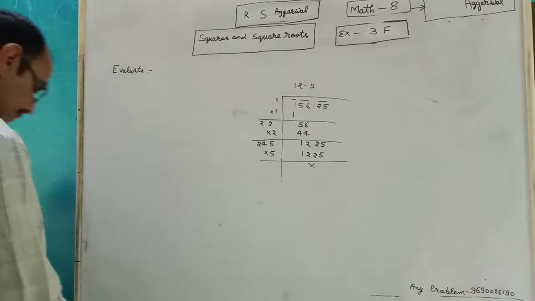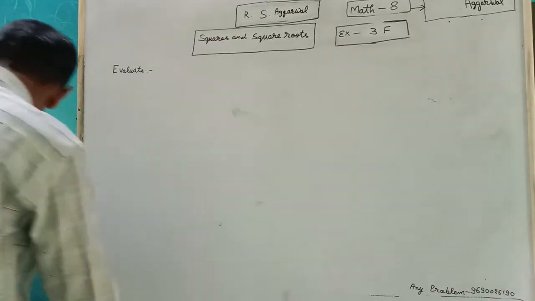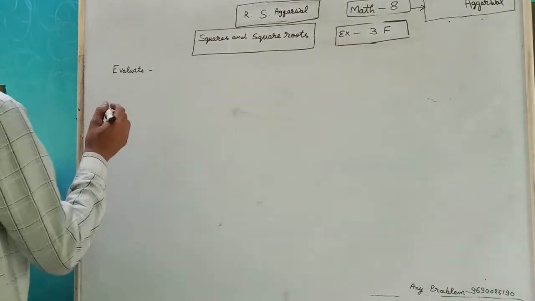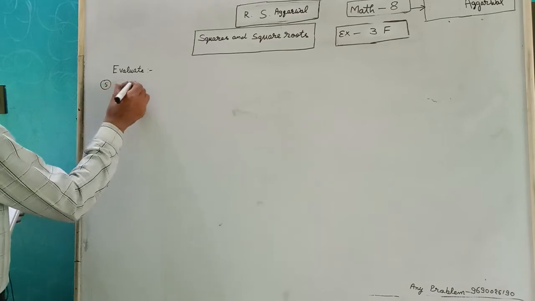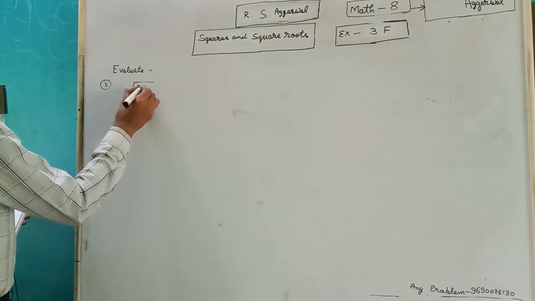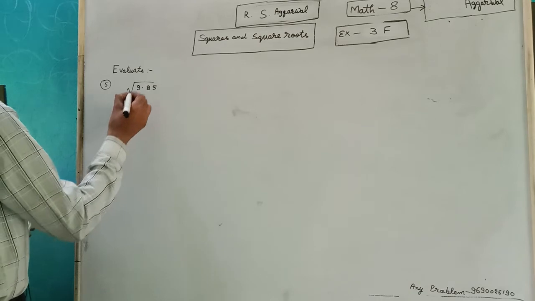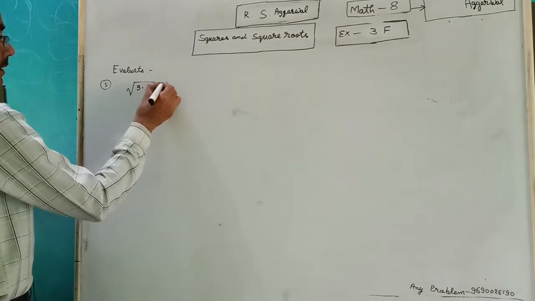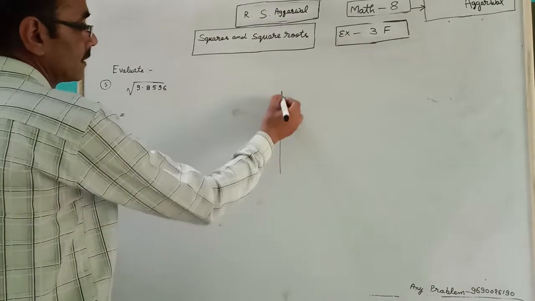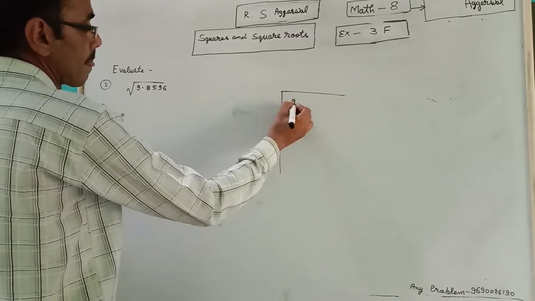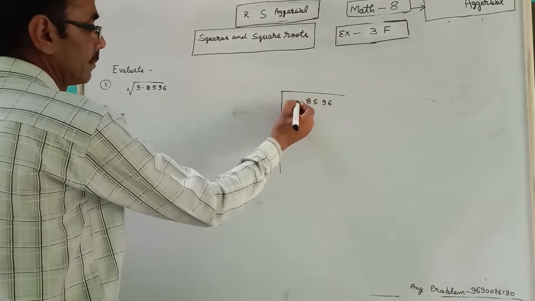Question number 5 is square root of 9.8596. Make the pair.